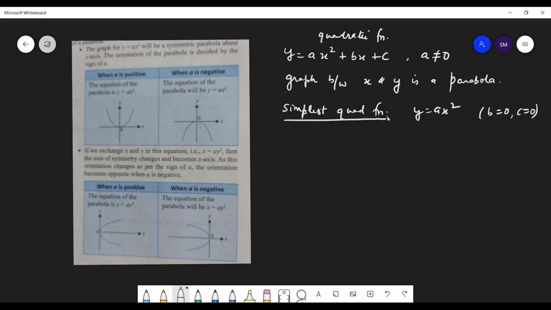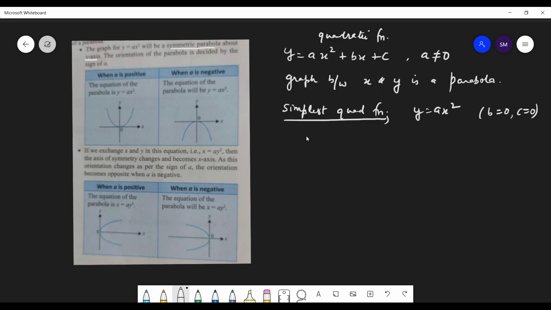So that's the simplest quadratic function. And what will be the graph of this quadratic function? The graph of this quadratic function is a symmetric parabola about the y-axis.